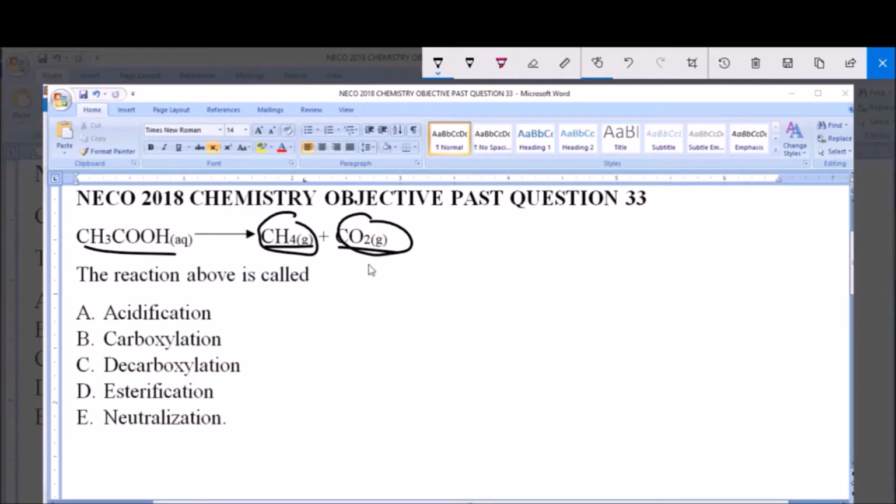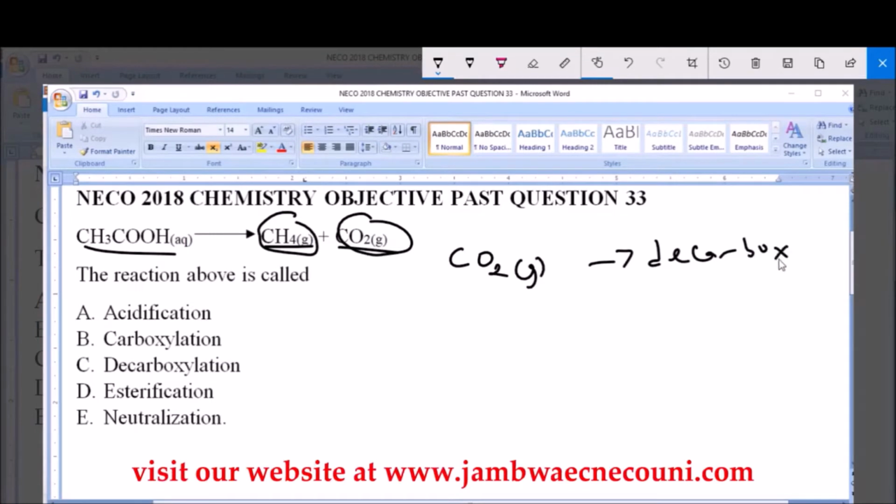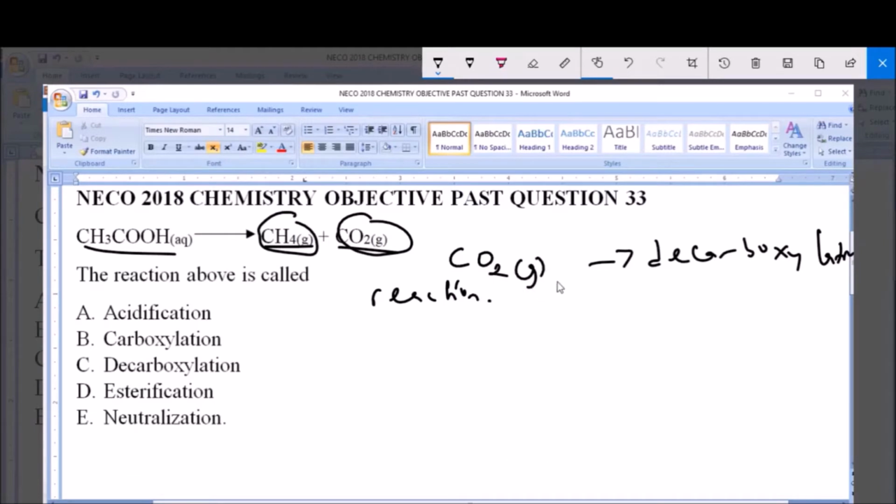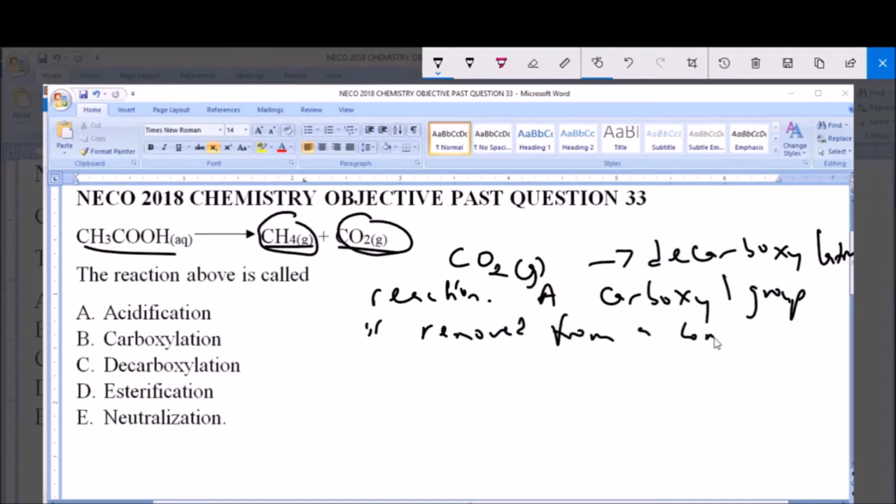Now any reaction that involves carbon dioxide removal is known as a decarboxylation reaction. In a decarboxylation reaction, what happens is that a carboxyl group is removed from a compound and carbon dioxide is evolved.